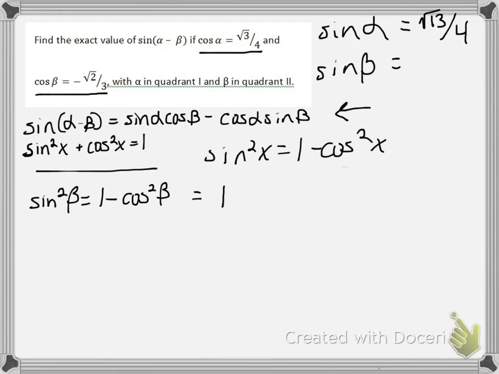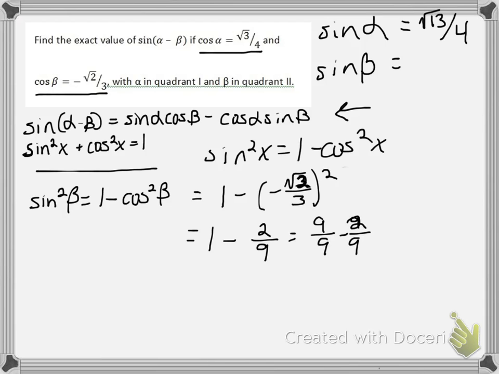So we have that equals 1 minus negative square root of 2 over 3 squared. So we have 1 minus, negative squared makes a positive, and then square root of 2 squared is 2, and 3 squared is 9. So we have 1 minus 2 ninths. Find a common denominator. We have 9 ninths minus 2 ninths, which gives us 7 ninths.